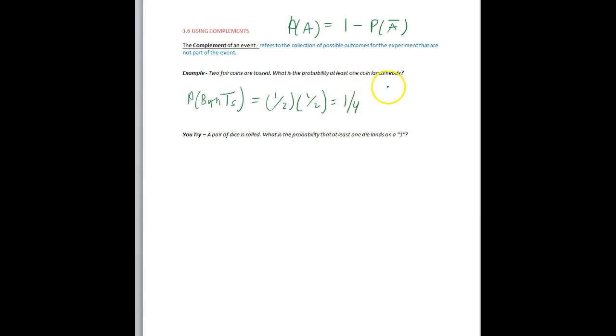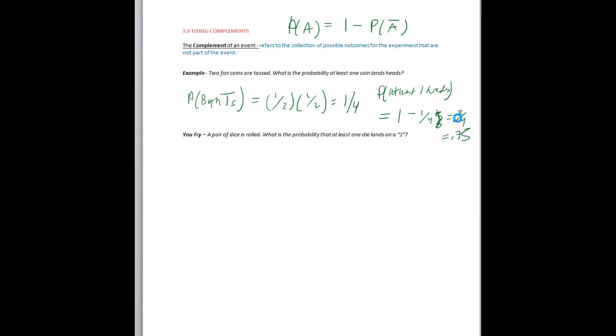Now, the probability of A, the probability that at least one is heads, is equal to 1 minus the probability that they're both tails, or 1 minus 1/4, which equals 3/4 or 0.75.